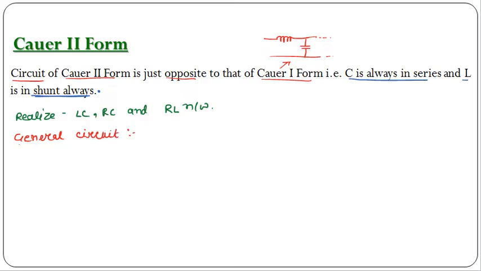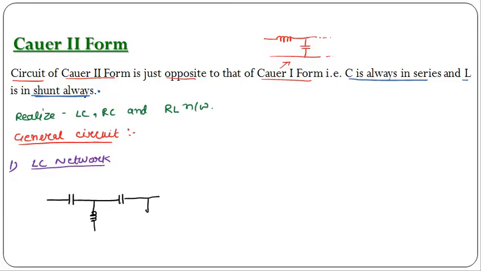First, we will see the general circuit for LC network. For LC network, the general circuit will look like this. It will consist of inductor and capacitor, and we have seen that in the Cauer second form the capacitor will be connected in series. Capacitor is present in series, inductor will come in the shunt branch, then again we have capacitor, then we have inductor, and this pattern will keep on repeating.